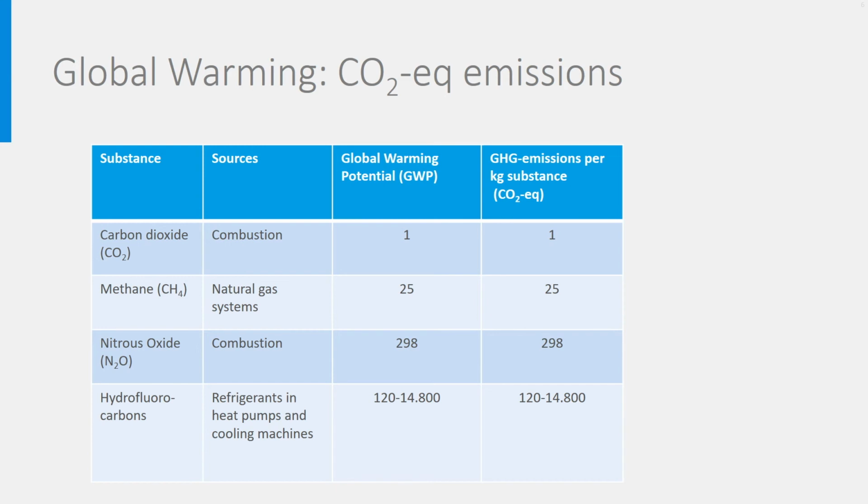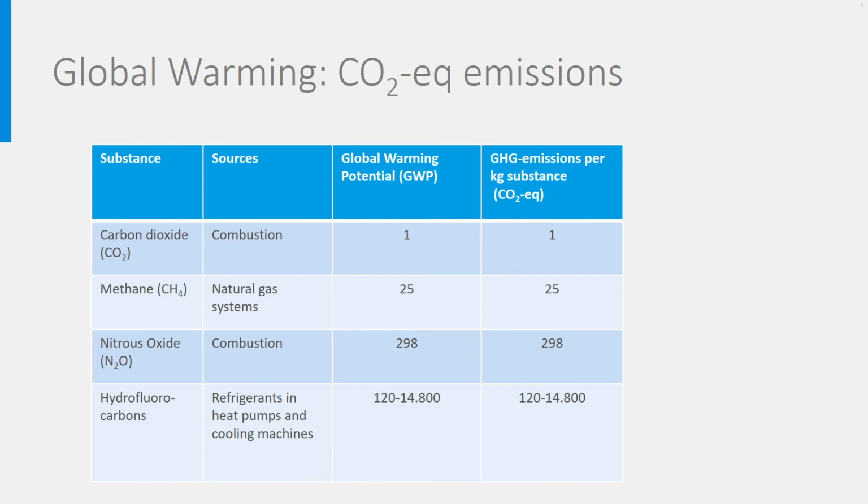And look at the global warming potential of hydrofluorocarbons used as refrigerants in heat pumps. If you look now at the last column, you see the greenhouse gas emissions in CO2 equivalent per kilogram substance, and you see that they are of course identical to their global warming potential, GWP.